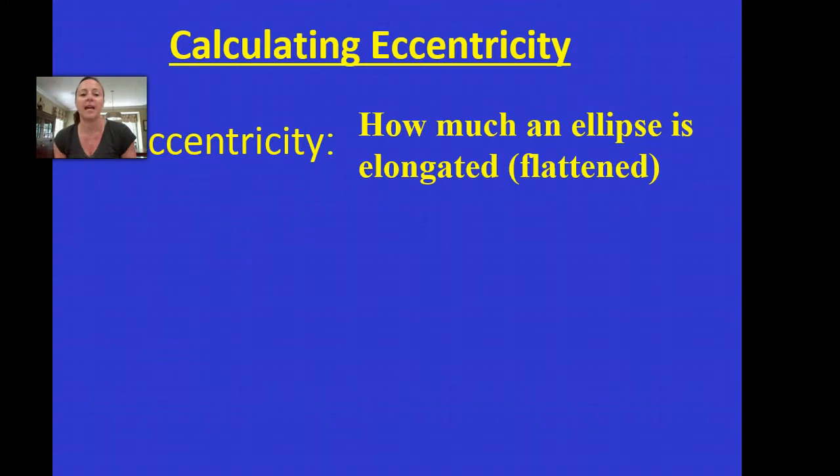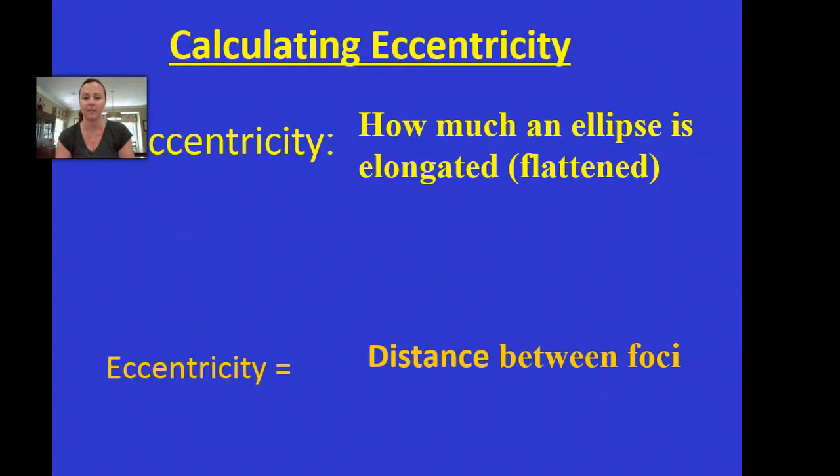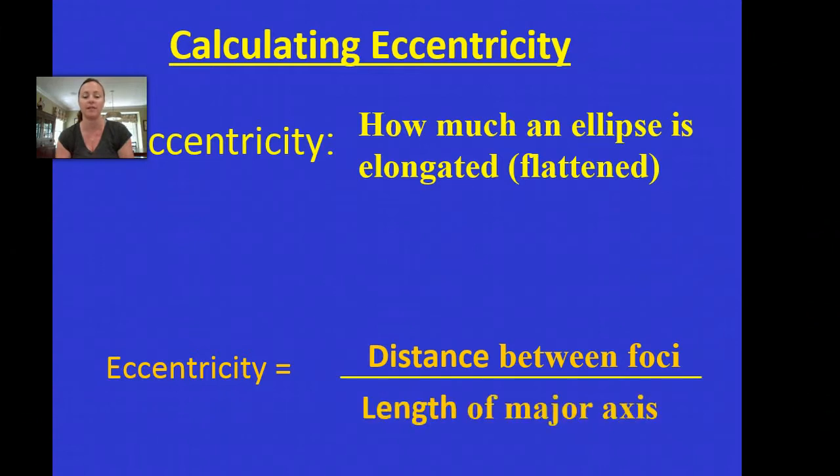So we are going to calculate the eccentricity of these orbits. Now, the word eccentricity means how much an ellipse is flattened or elongated, or how far away from being a perfect circle. And so we use the formula that is on your reference table on page 1, so you don't have to memorize it.